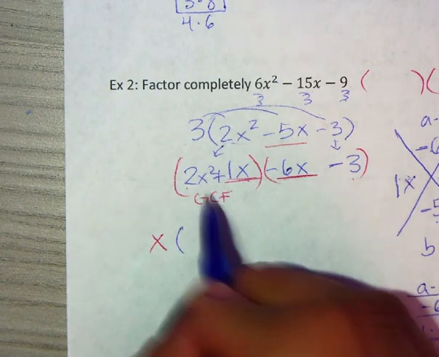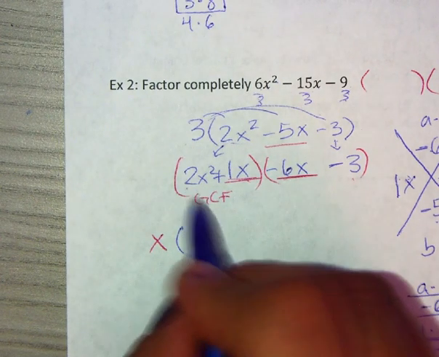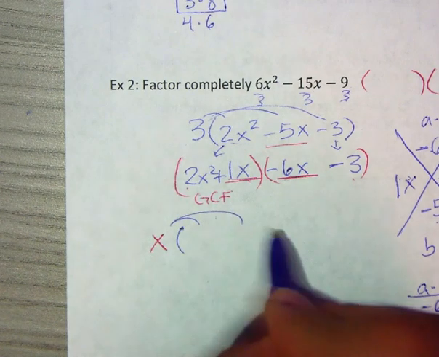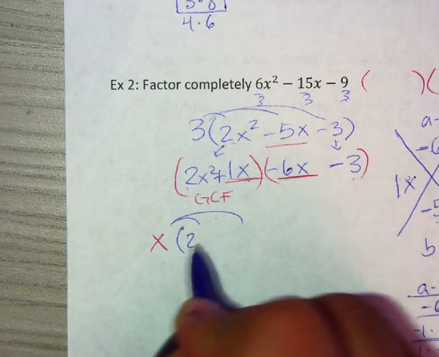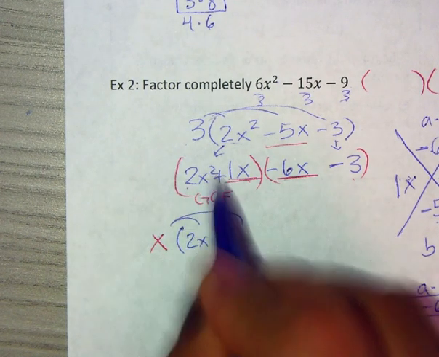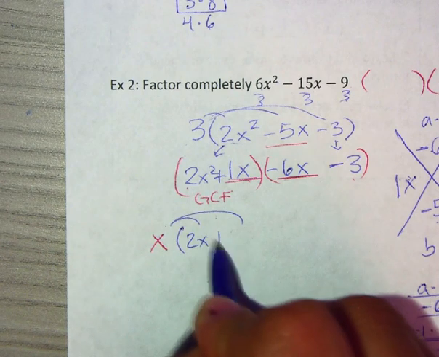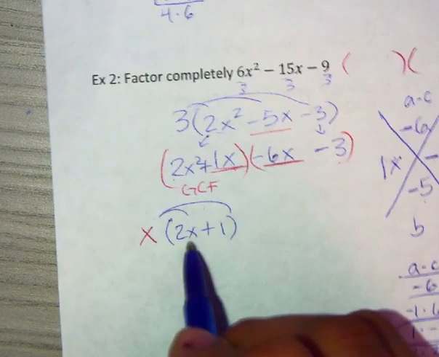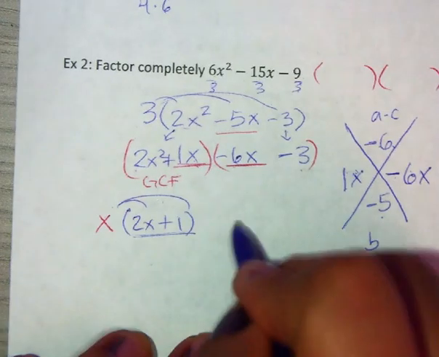And then if you notice, if we take out the x, if we divide these by x, or we think of x times what gives us this, it's x times 2x to get 2x squared, and x times 1 to get 1x. So this binomial that we created, we're going to write it again.